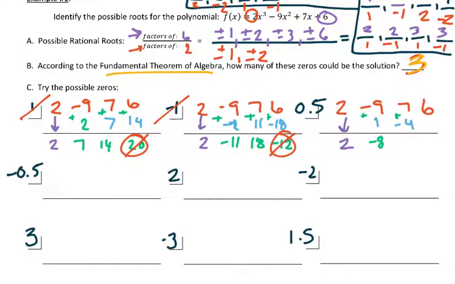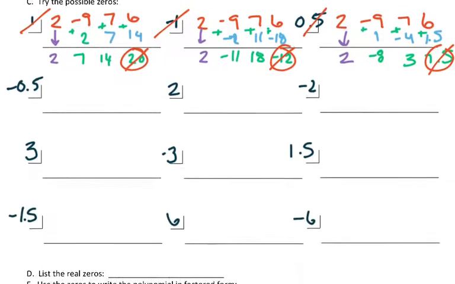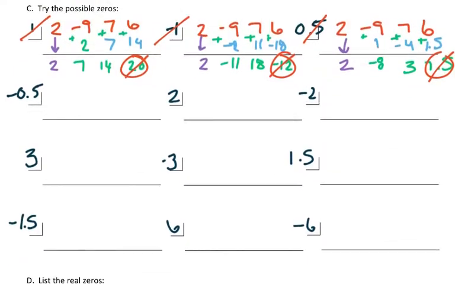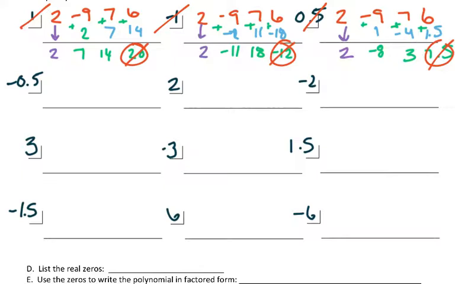Add those together and you get 3. Excellent review of synthetic division. 3 times 0.5 makes 1.5. And then sadly that also makes not 0. And you're saying, oh man, wouldn't it be nice if all those worked? Well, yeah, but remember that we're trying to find 3 of them, so here we go. Hint, this next one's going to work.